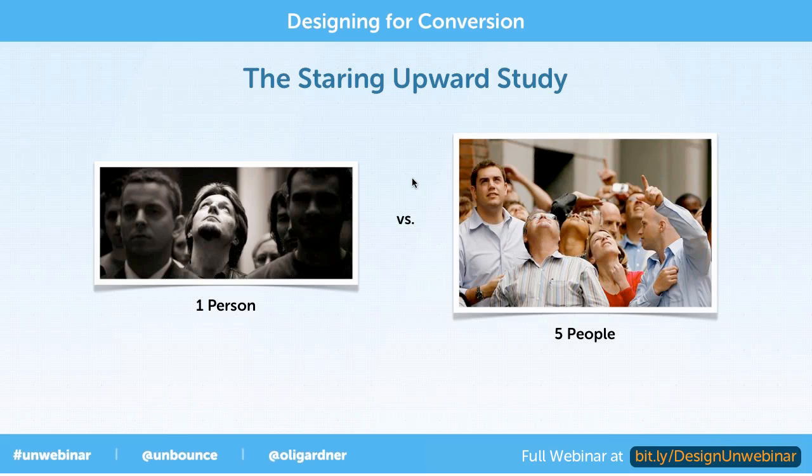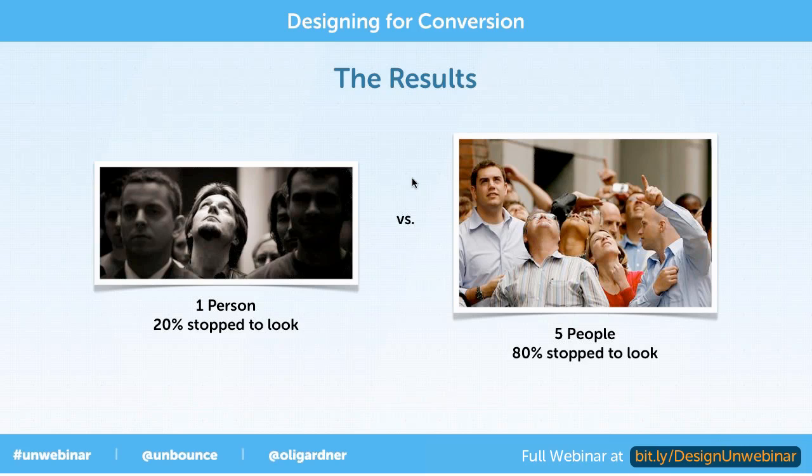So you can see that in this case for social proof, it's kind of the opposite of the landing page concept of one page, one goal. Here it's about the power of the crowd. So you can see here with one person, only 20% of people actually stopped and joined in. And then in the case of 5 people, pretty much everybody stopped and joined in. It's kind of the concept of the bigger the crowd gets.